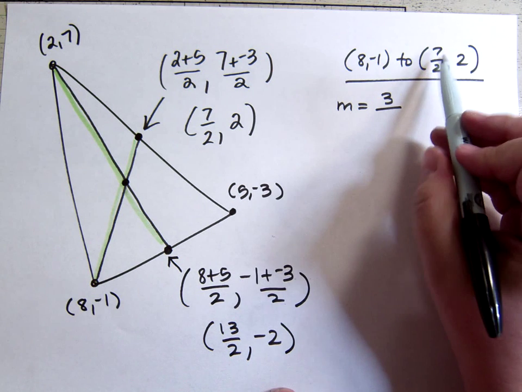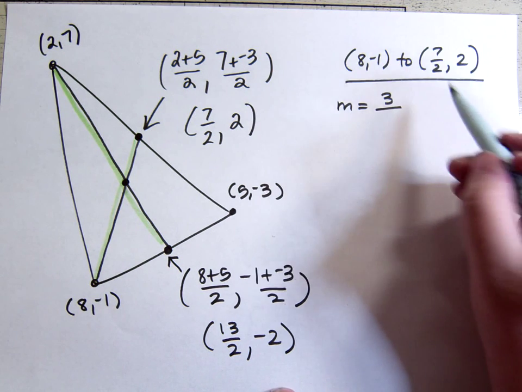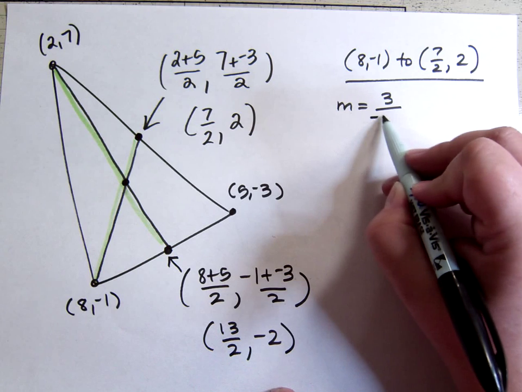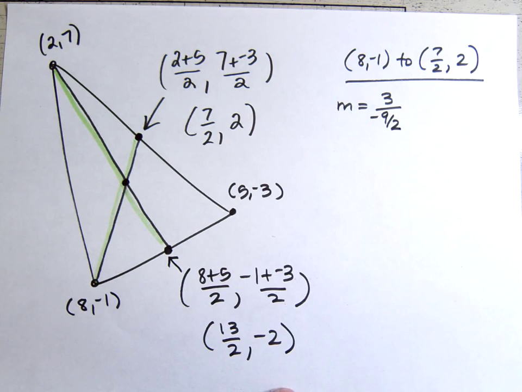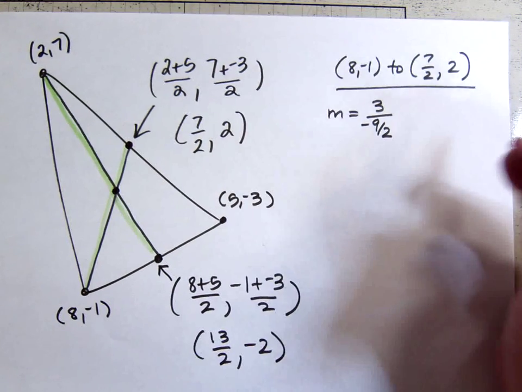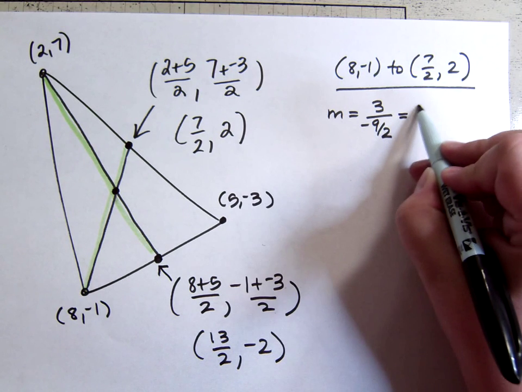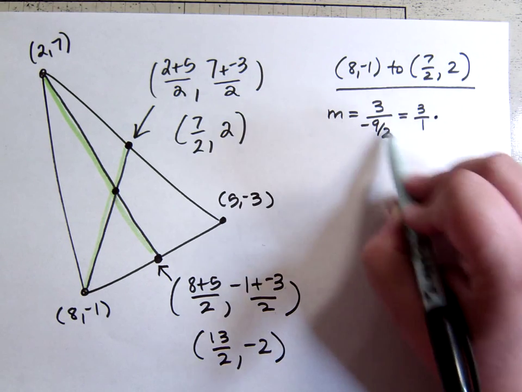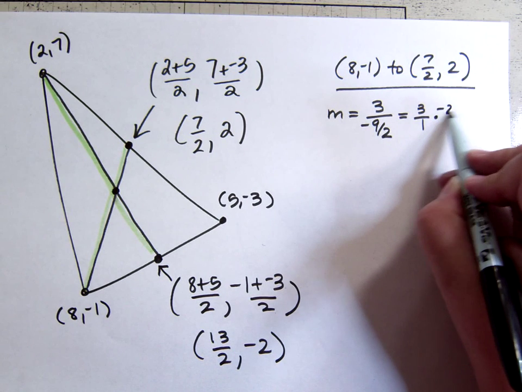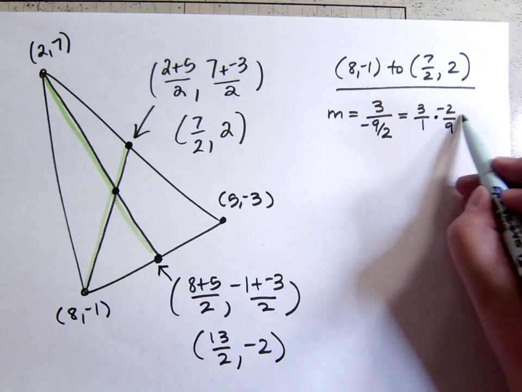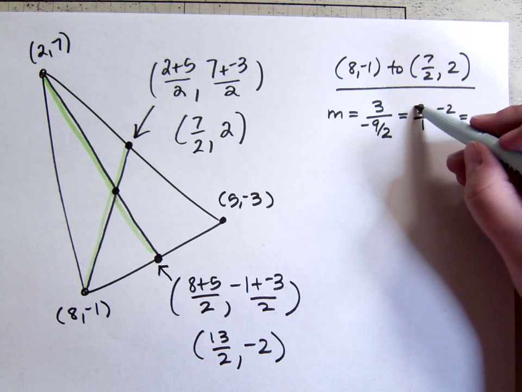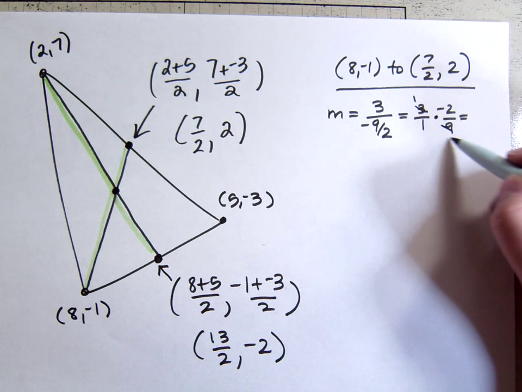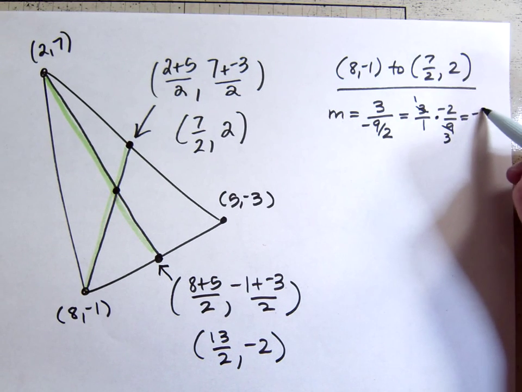Let's just do it as a fraction. 7 halves minus 16 halves. 7 minus 16 is negative 9 halves. Okay, and remember that to divide fractions, we multiply by the reciprocal. So the top here is 3 over 1 times the reciprocal of the bottom, negative 2 over 9. I can cross cancel the 3 and the 9, and it's going to be negative 2/3.